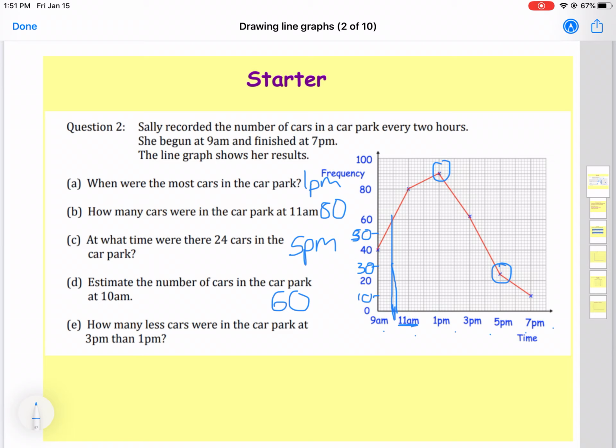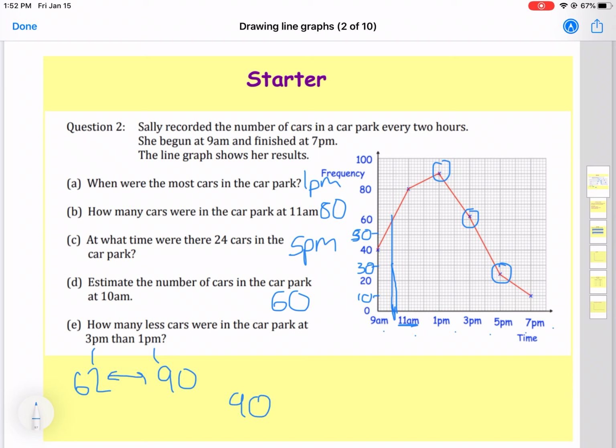Now, E, how many less cars were there in the car park at 3 PM than 1 PM? So at 3 PM, we had this dot here, which would be 62 cars. And at 1 PM, we had between 80 and 100, so that was 90 cars. We are looking for the difference between those two numbers.